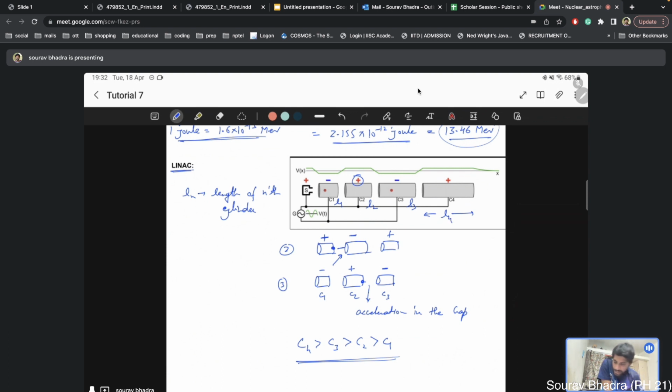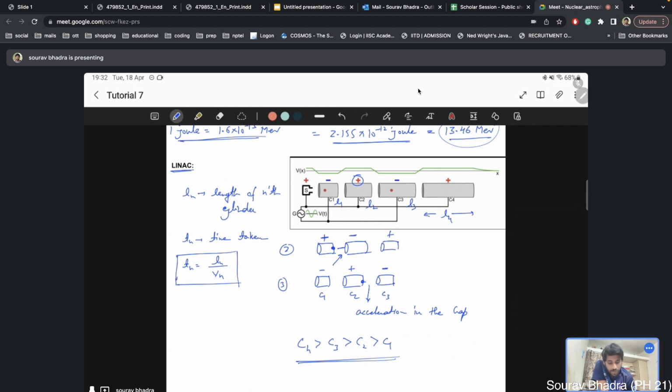Suppose in this way I have written that Ln is the length of the nth cylinder, and Tn is the time taken by the ion to travel in that particular nth cylinder. So Tn will be equal to Ln by Vn, that is your time, where Vn is the velocity in that nth cylinder, right?